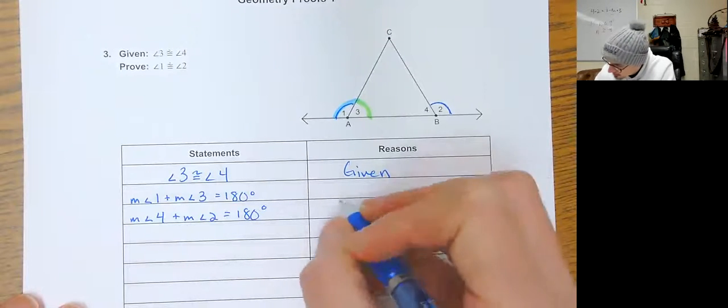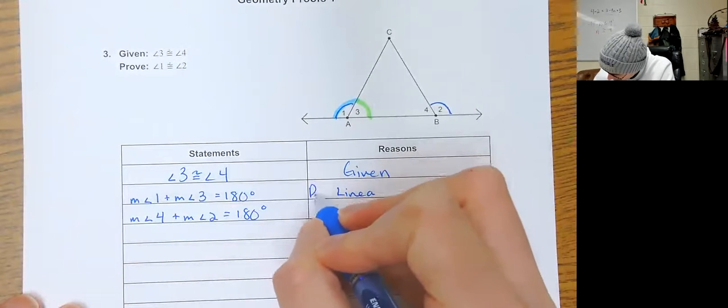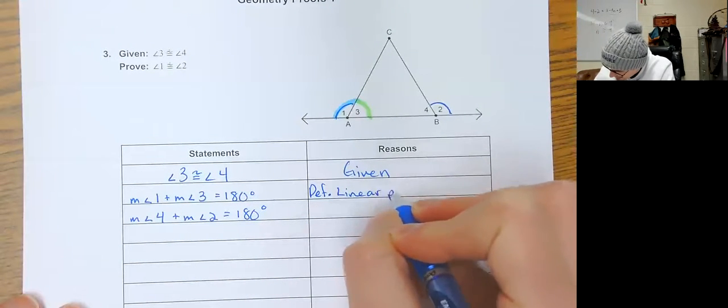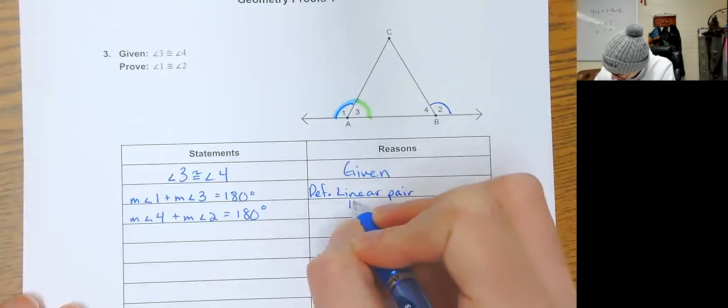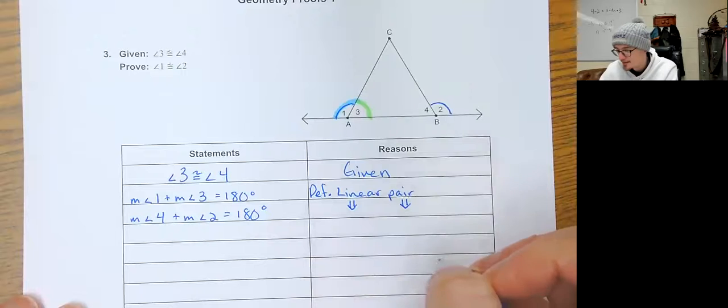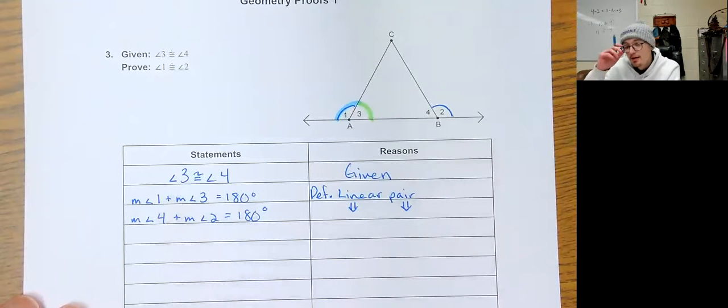All right, so these are both, well, it should be the definition. Definition, linear pair. And it is also for that step 2. In reality, if I had enough room, I'd just put those both in the same cell, in the same line step. So definition of a linear pair. Anyways, they add to 180 degrees.